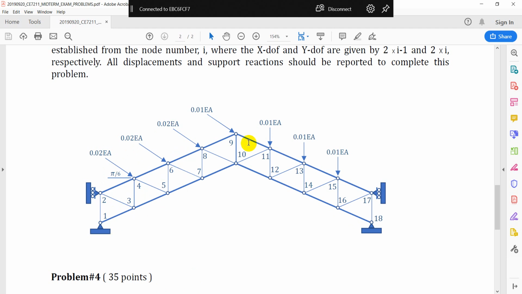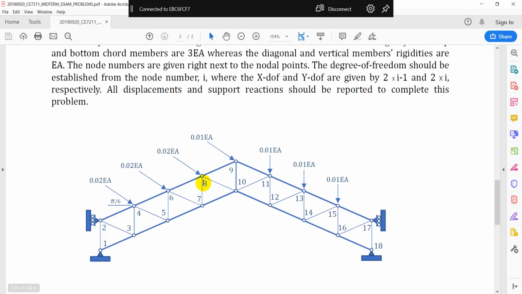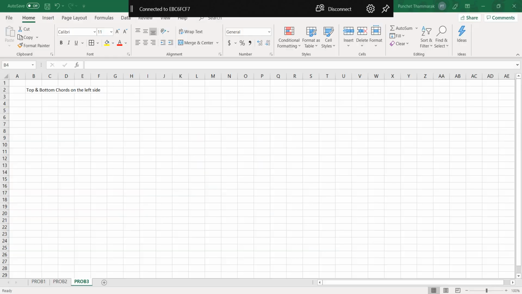these chords, top and bottom chords on the left side. What is the 3EA?